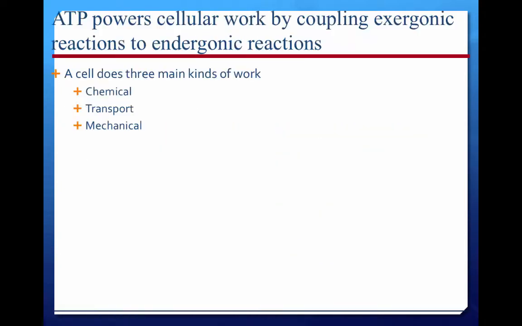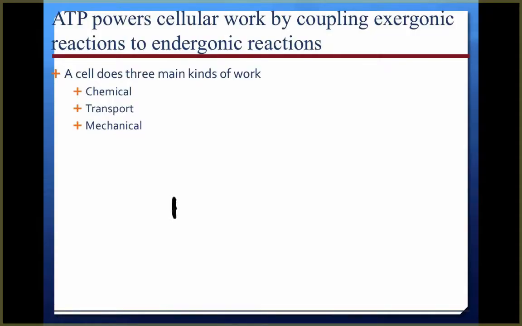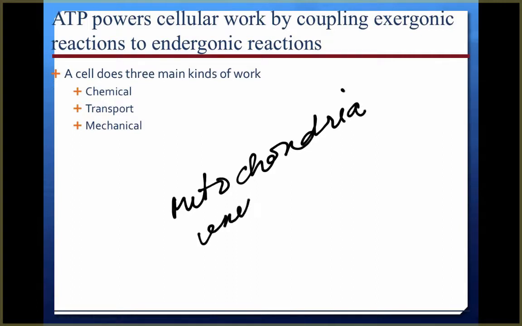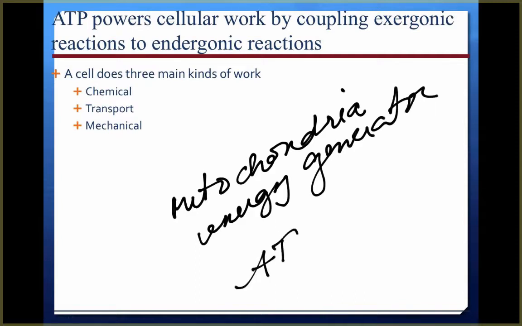Now, we talked a little bit about mitochondria, and mitochondria are the powerhouse of the cell, energy generators. And they're energy generators because they make this molecule called ATP, or adenosine triphosphate.